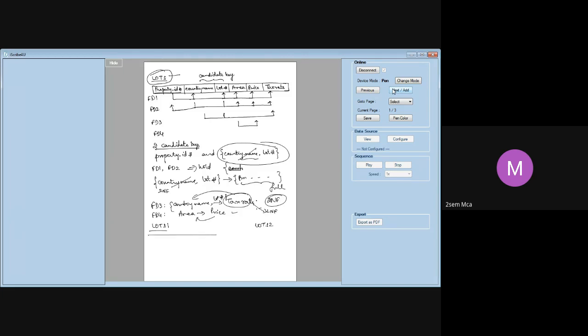Lots 1, I will take property ID, which is the primary key, country name, lot number, I will take area, and then I will take the price. I will not bring this tax rate here because that was the one which was violating.